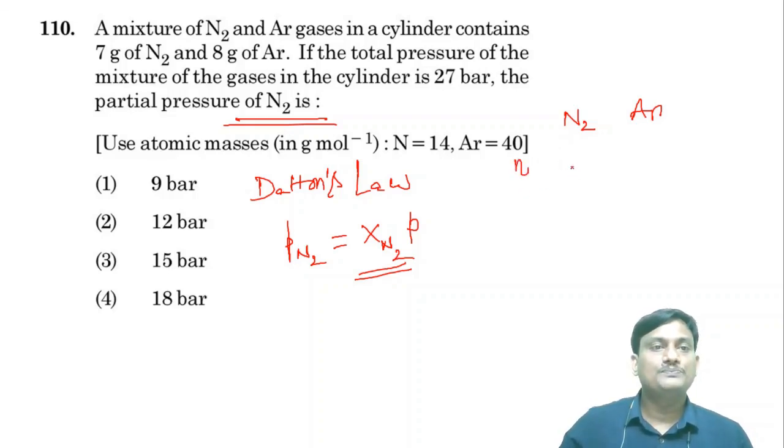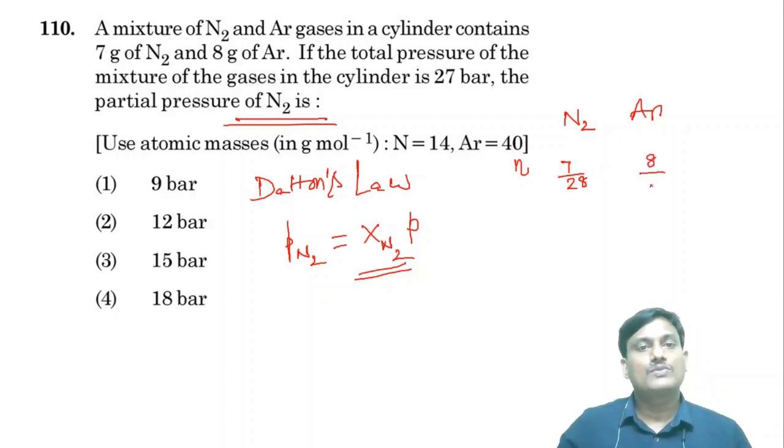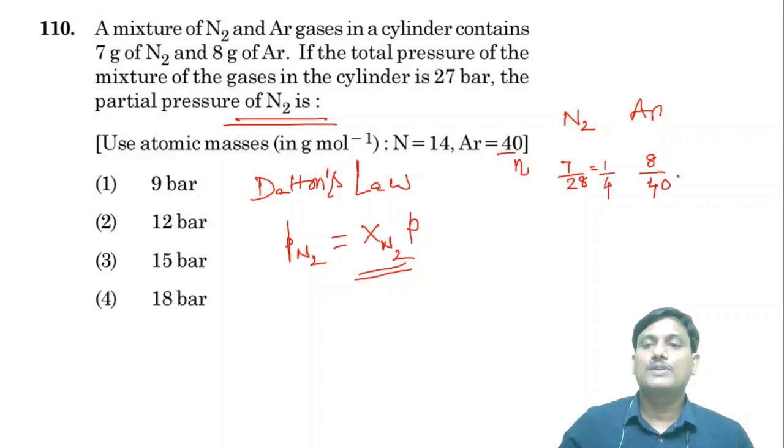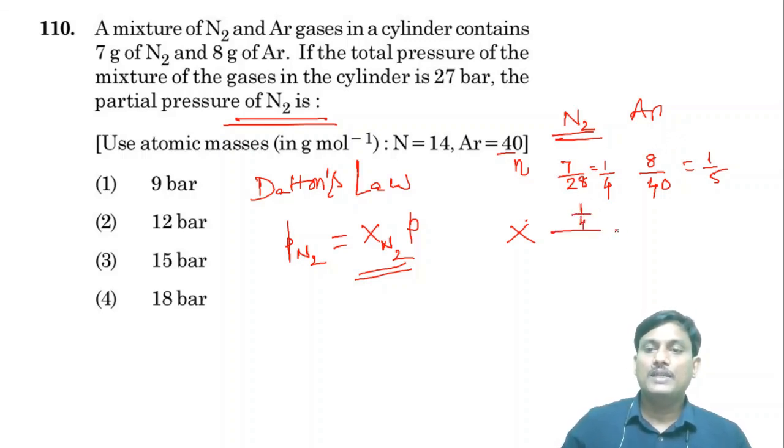The number of moles of N2 is 7 gram by 28, weight by gram molecular weight, and for argon it is 8 by 40, the atomic weight. So it will be 1 by 4, and this one is 1 by 5. Then what is the mole fraction of N2? Number of moles of N2 by total number of moles, 1 by 4 divided by 1 by 4 plus 1 by 5.